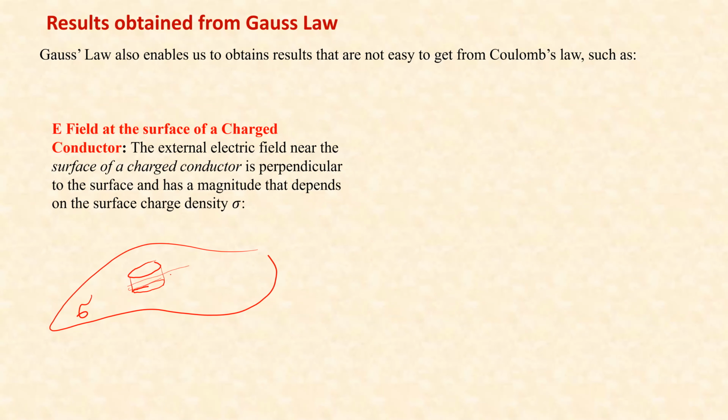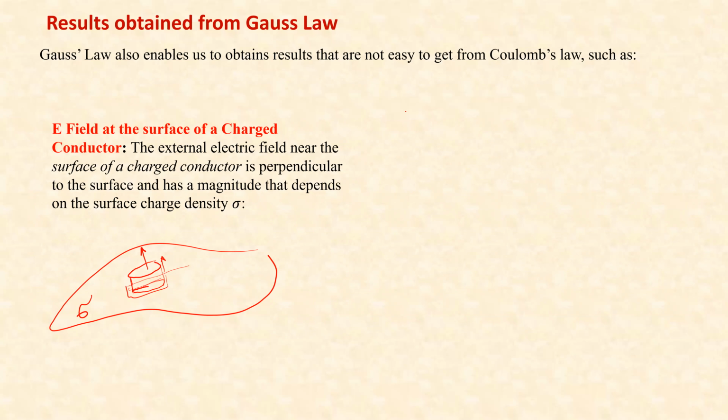The caps of the can are parallel to the surface, and it's very, very small. The sides of the can are perpendicular to the surface. So the electric field is perpendicular, so it goes out of this cap and it skims over the surface. Inside the conductor, there's no electric field.